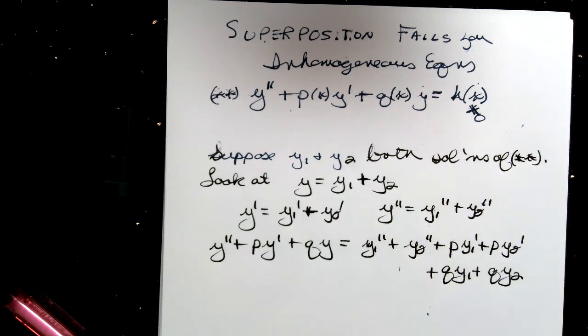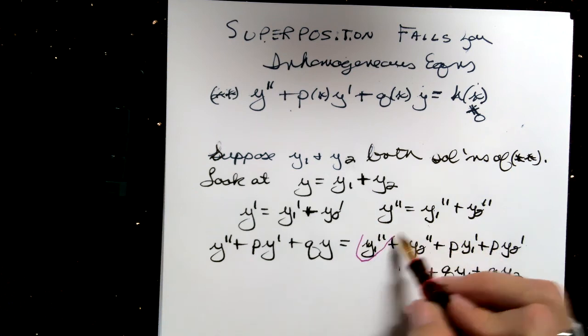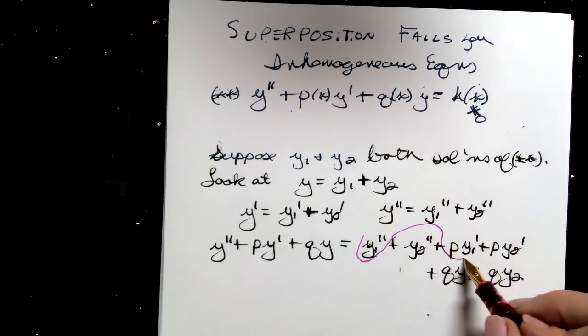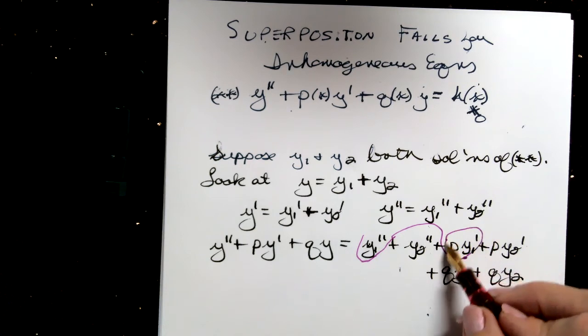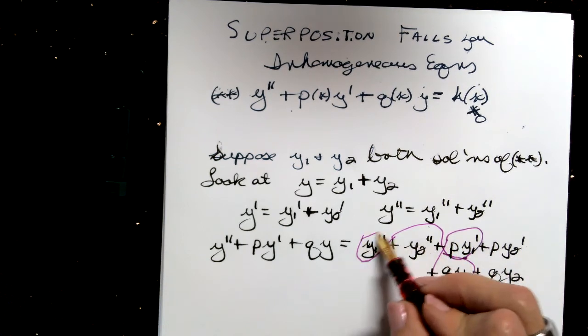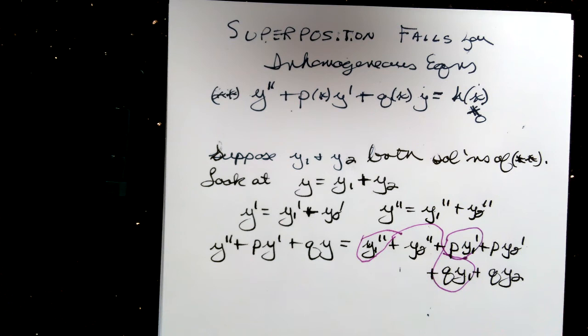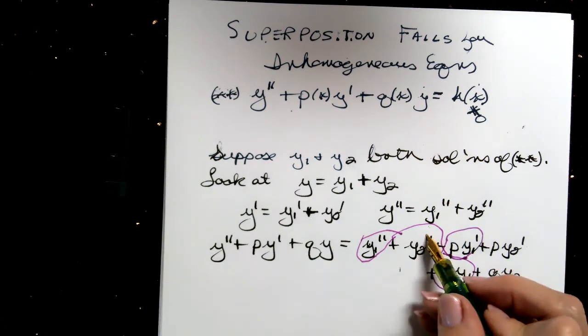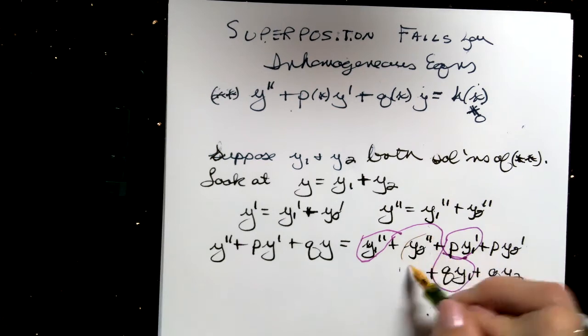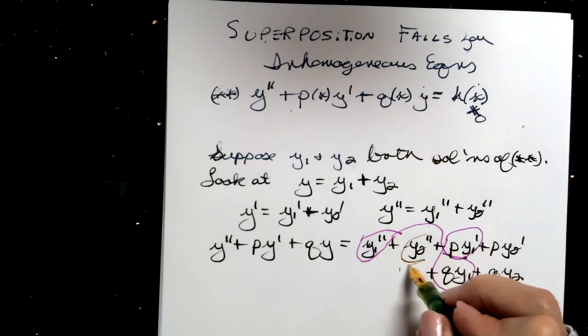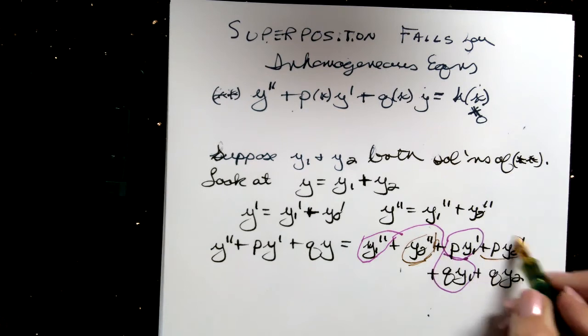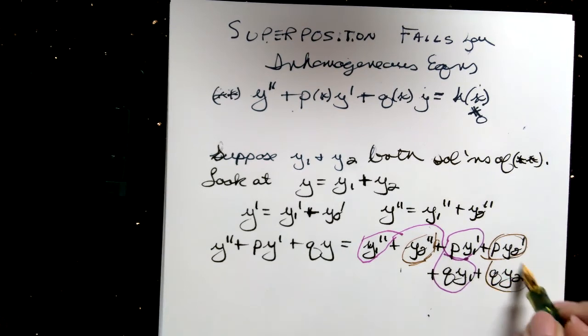Okay, and now let's group those together in a particular way. We're going to group all the y1 things together. So everything in pink is grouped together, and now everything in bronze will be grouped together. There we go. That's bronze.